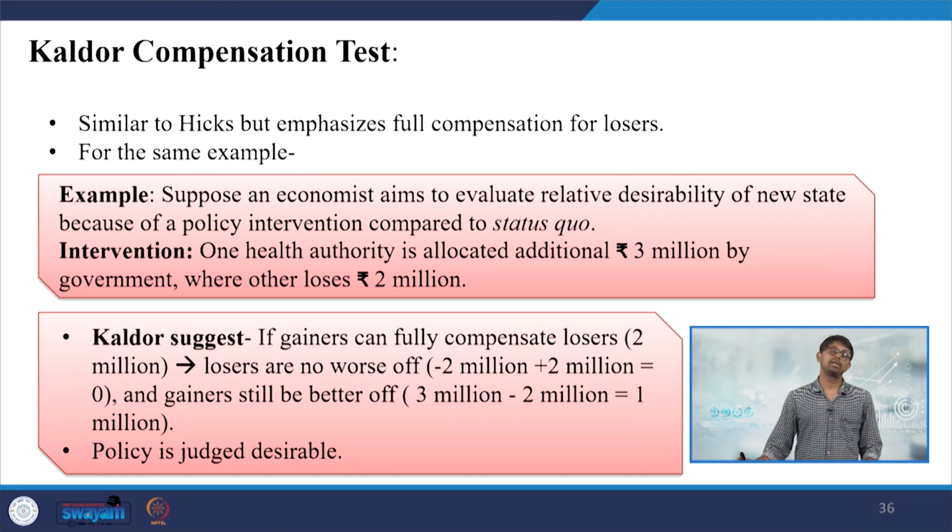The gainer is still better off by 3 minus 2, that is 1 million rupees. Still the policy, which is targeted and supported with institutions, is considered effective and desirable. This is by Kaldor.